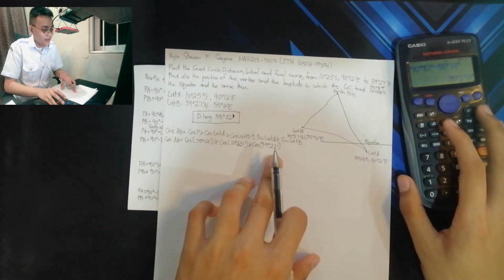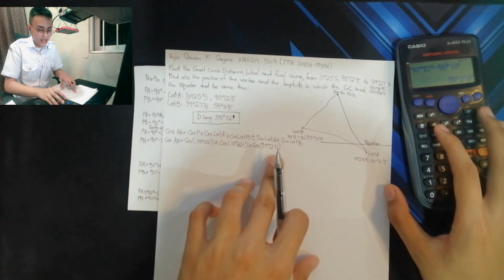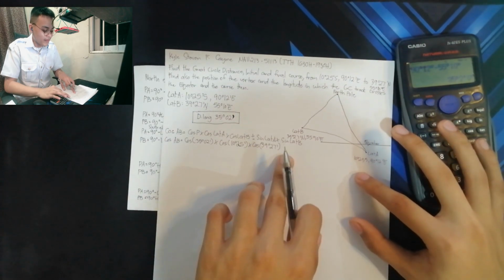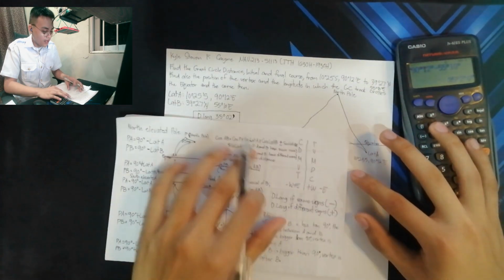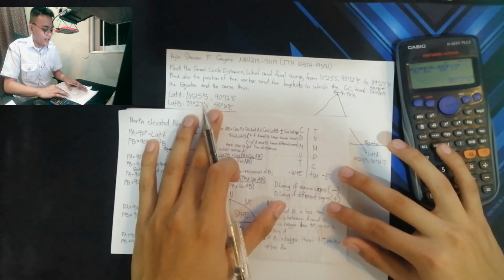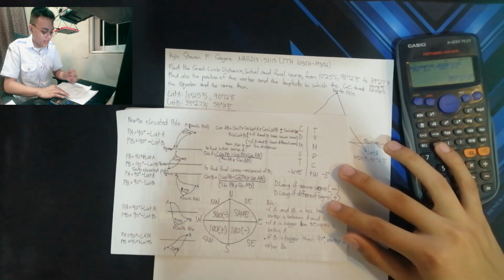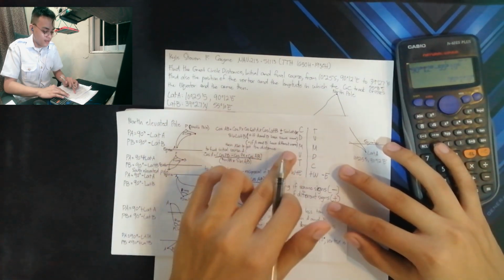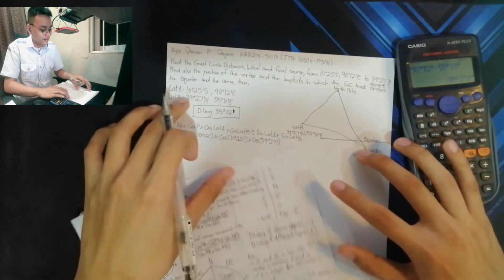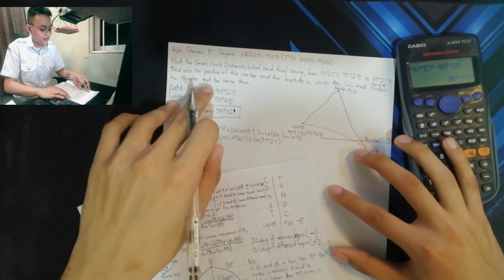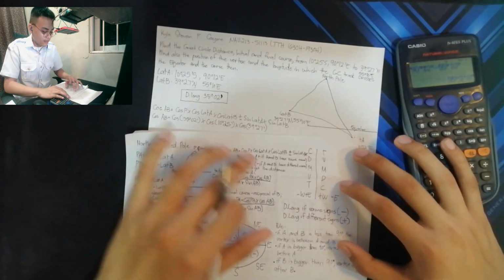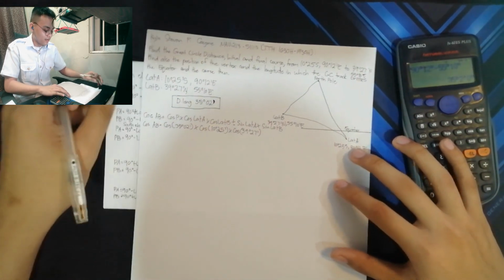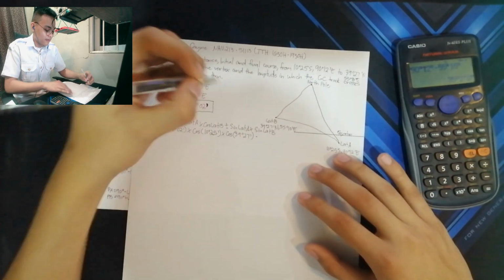And then for this problem, we're going to use a minus sign. Why minus? As you can see here, if your latitude A and latitude B have different names, and in this problem we have different names, lat A is south and lat B is north, then we're going to use minus in this formula.